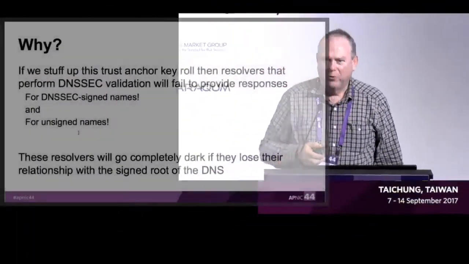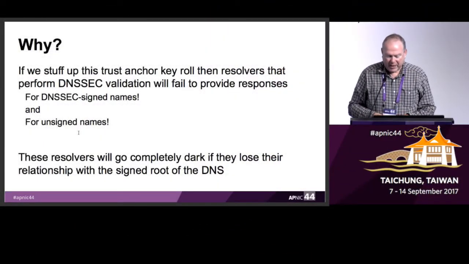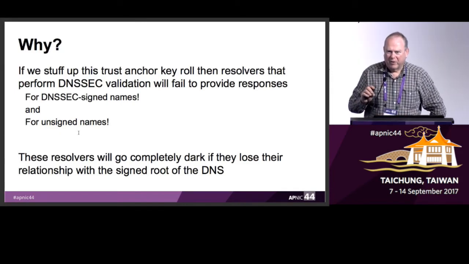The real reason why I think we're all concerned is we're kind of worried if we're going to break things. And it would be nice to know in advance how big the problem might be. So the problem is that if we get it wrong, resolvers that perform DNSSEC validation that lose track of the trust anchor will fail to respond for everything, not just for signed names, but for all queries.